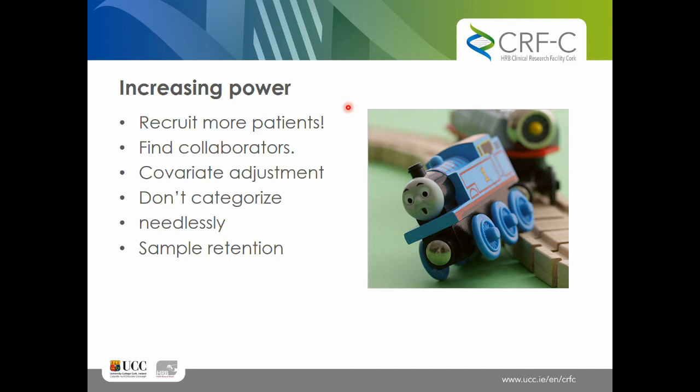And again, this is one of those things where if you don't think about this up front, you invest all the time and effort into the trial, and then you get to the end of it and you've got a result that's highly questionable because people haven't stayed in the study. Okay, so that is the lecture on setting the sample size.